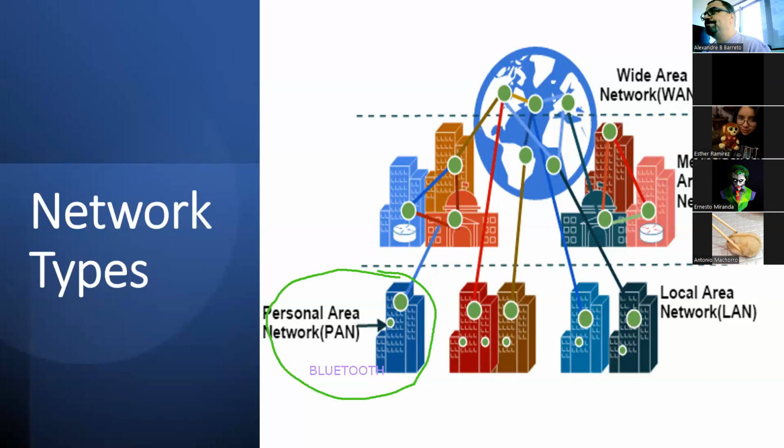For example, you can have a device that has multiple interfaces. For example, my printer has Bluetooth and has Wi-Fi. Okay. I only use the Bluetooth when I'm very close to my printer.